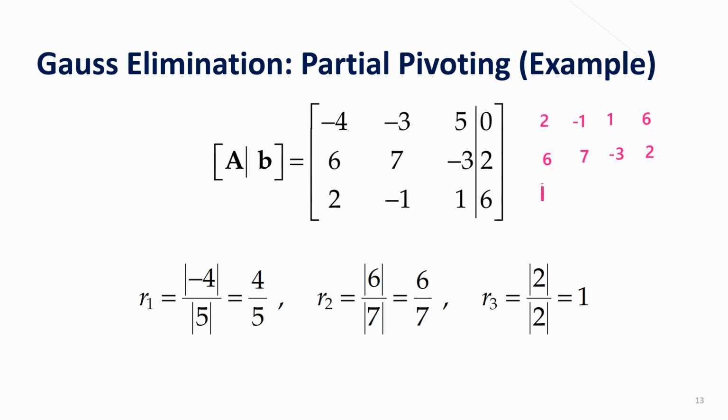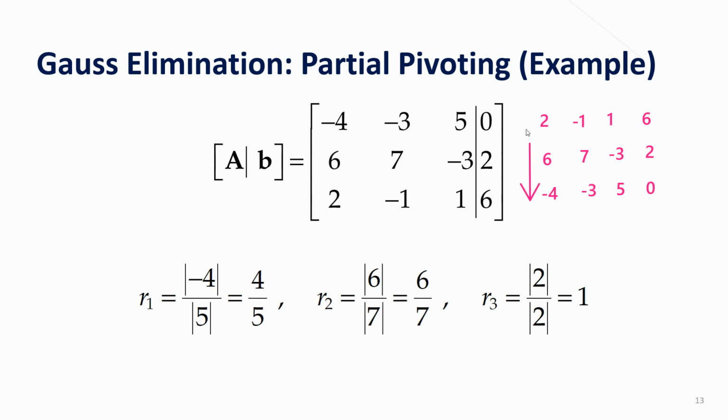This one becomes -4, and then -4, -3, and then 5, and then 0. Okay, and then you do the Gauss elimination to get rid of this value to here, 6 and 4.